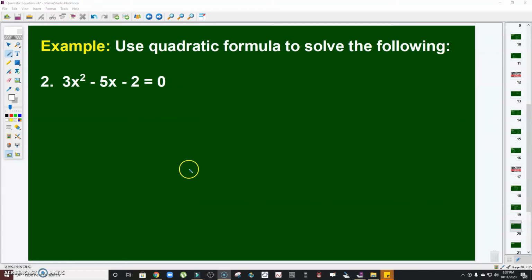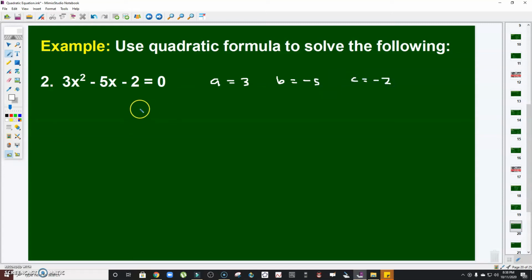Okay, problem number 2. Using quadratic formula, solve for the value of x. Again, this is the same problem that I posted in my previous video. However, the technique that I used there is completing the square. Now, once again, we assign a equals 3, b equals negative 5, c equals negative 2.